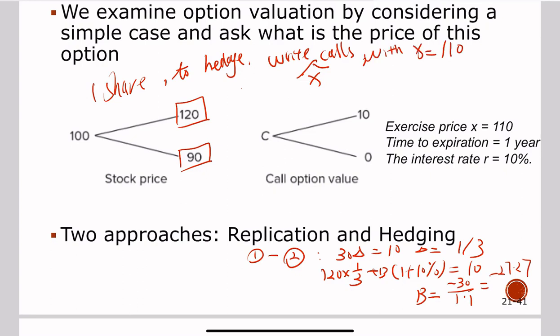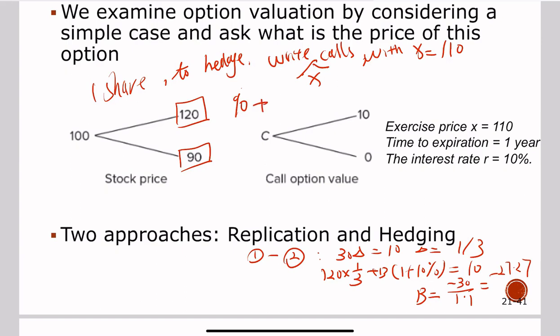Now, if the stock price is 90, what is your portfolio value? Well, your portfolio contains one share and X number of calls. So you will actually have $90, because you have one share, and the value of one share now is $90.